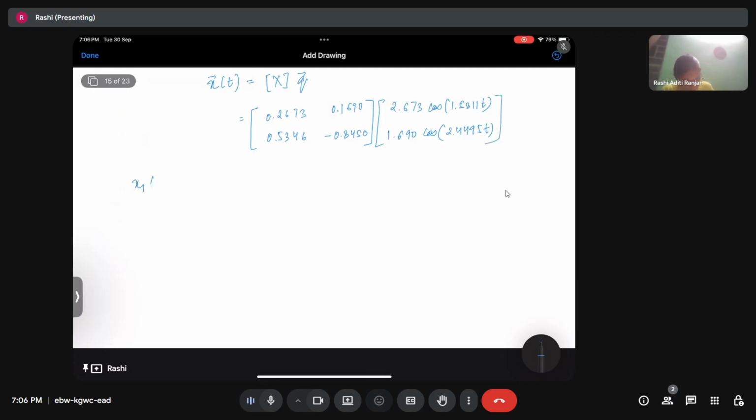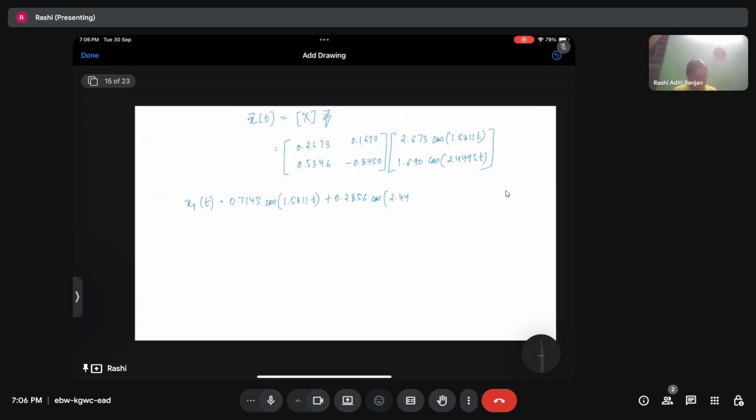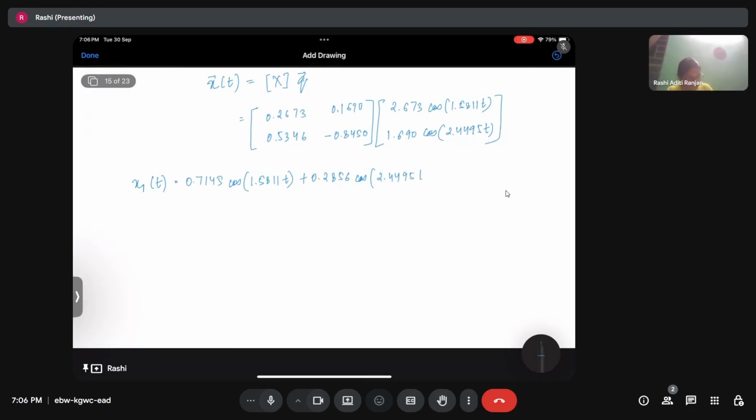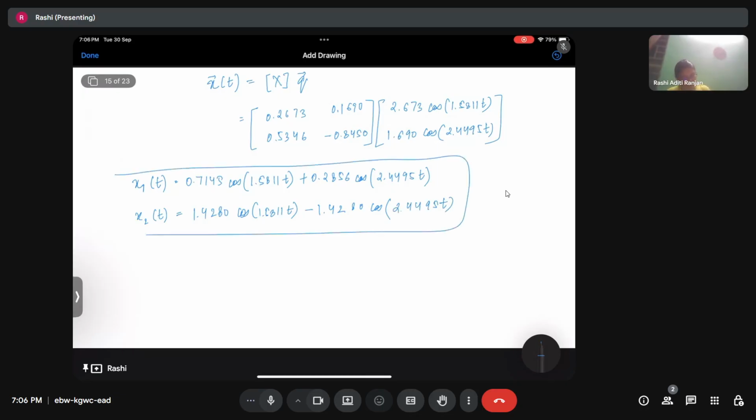This will give the solutions x1 of t as 0.7145 cos of 1.5811 t plus 0.2856 cos of 2.4495 t, and x2 of t is 1.4280 cos of 1.5811 t, not plus, it should be minus because there is a minus over here, minus 1.4280 cos of 2.4495 t. This is the main answer, the general solution.